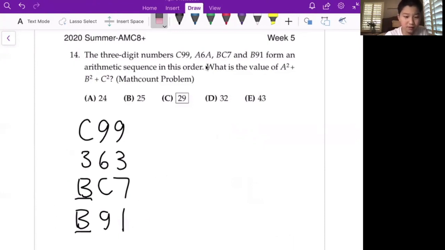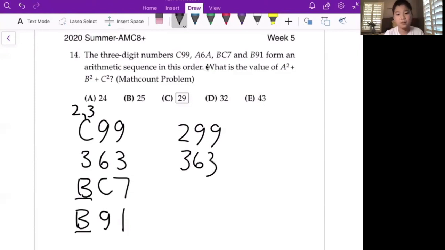Now, let's look at what the digit C can be. Well, if C99 and 363 are less than 100 apart, C has to be 2 or 3. Well, let's analyze both of them. 299, 363. Well, let's see. So the common difference is 363 minus 299, which is 64.